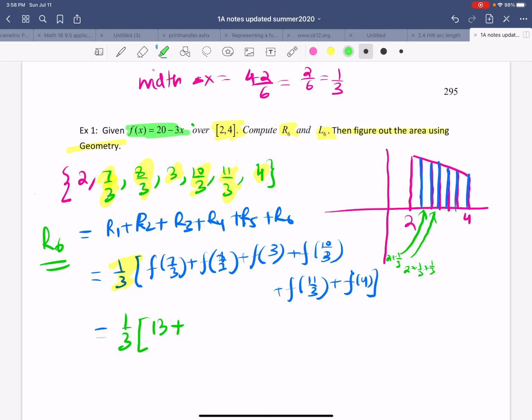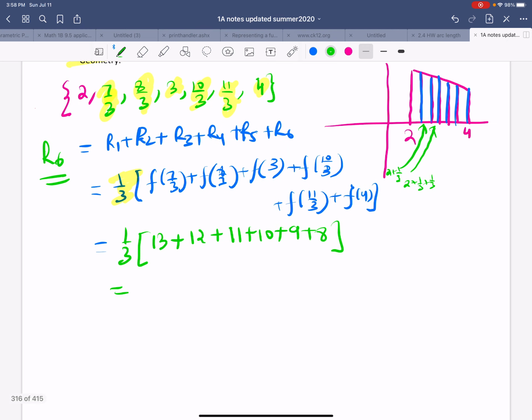So plugging 8/3 for x, 20 minus 3 times 8/3, that would be 12. And the next one, when I do 3/3, 20 minus 3 times 3 is 9. That's going to be 11. And so on. I'm going to have a 10 and 9 and 8.